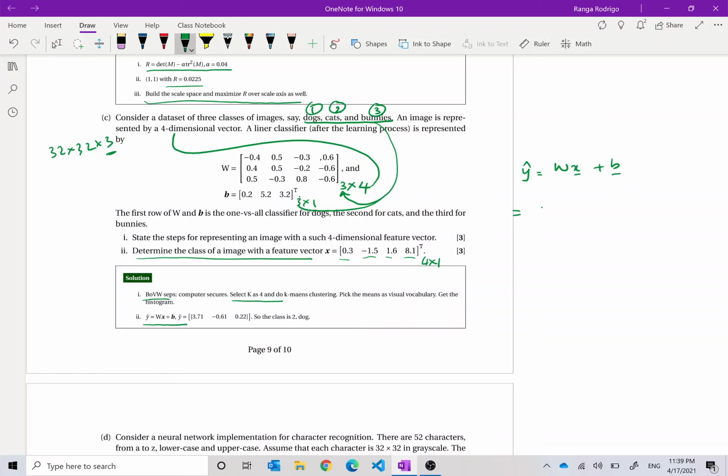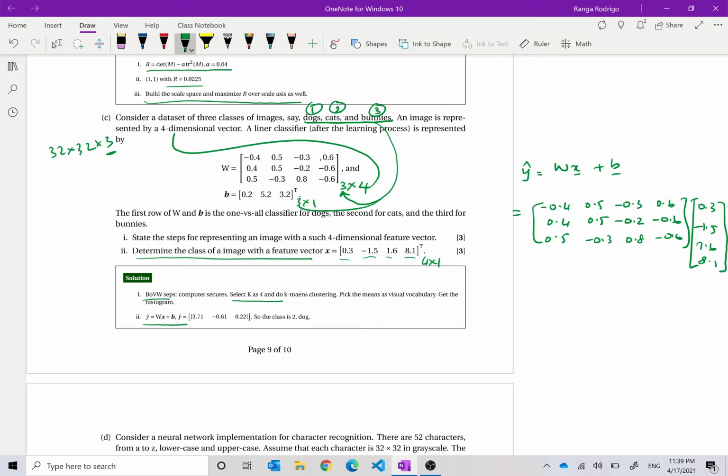What this means is the matrix minus 0.4, 0.5, minus 0.3, 0.6, 0.4, 0.5, minus 0.2, minus 0.6, 0.5, minus 0.3, 0.8, minus 0.6. This matrix we multiply by the given image, 3, minus 1.5, 1.6, 8.1.